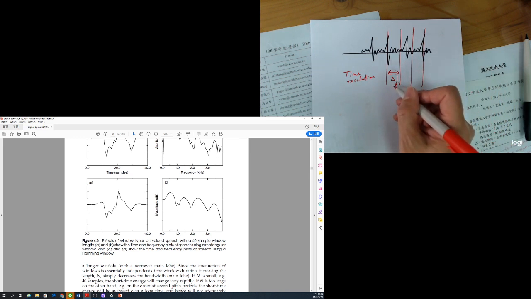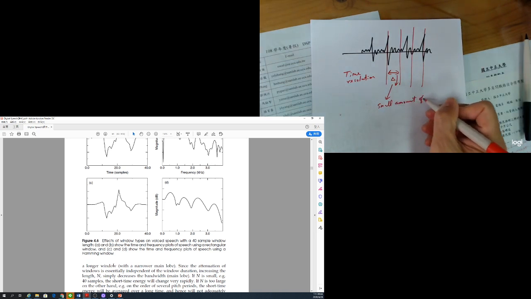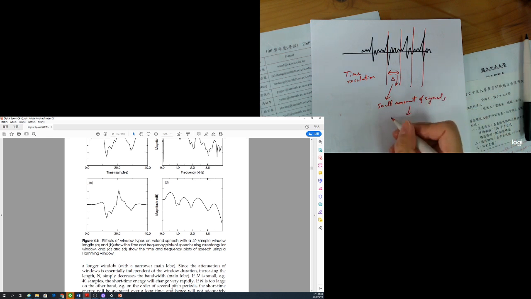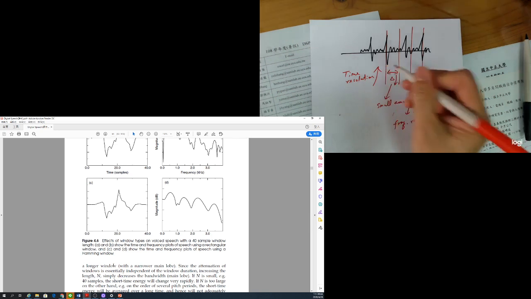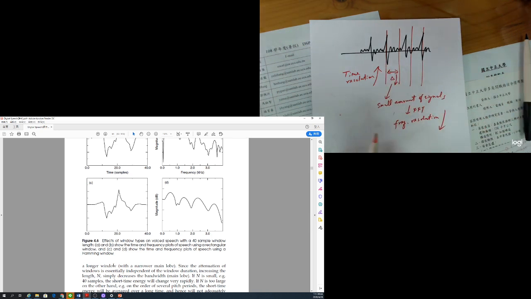However, because a small amount of signal goes through the FFT to become frequency information, the frequency resolution suffers. So your time resolution increases, but your frequency resolution will decrease.